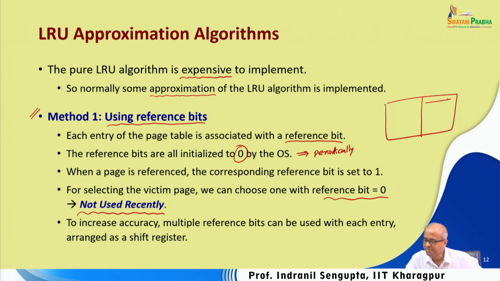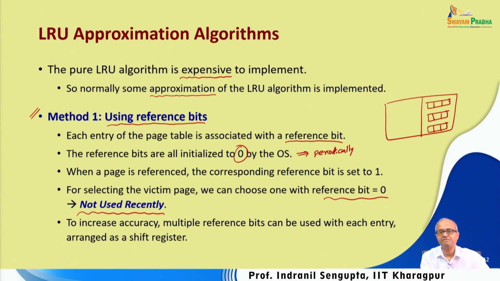Let us say, as an example, you have 3 reference bits. Whenever you access a page, you set the bit to 1 and shift all the reference bits left by 1; they are all shift registers.